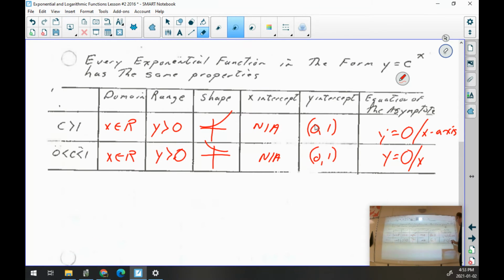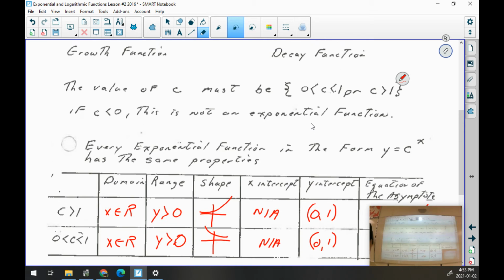Again, that is, no matter what the base is, with the exception that c can never be less than 0. c cannot be equal to 0. And c cannot be equal to 1.